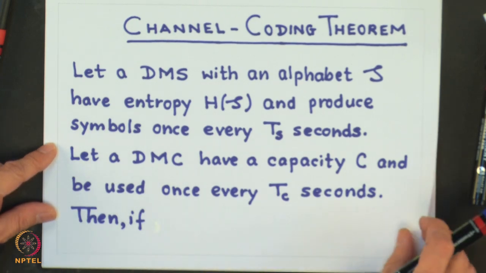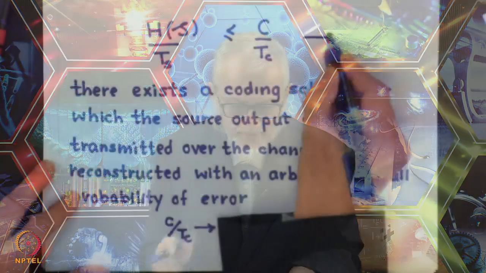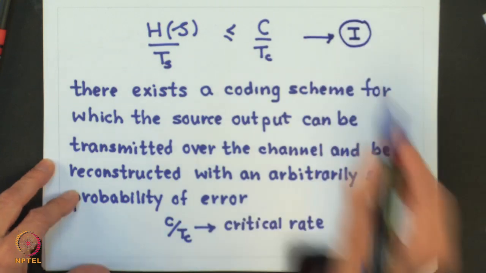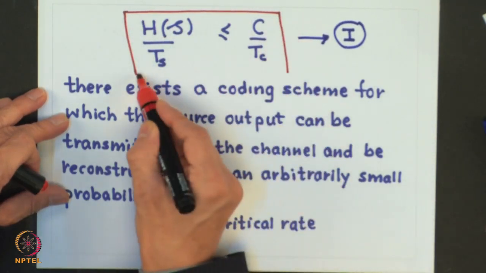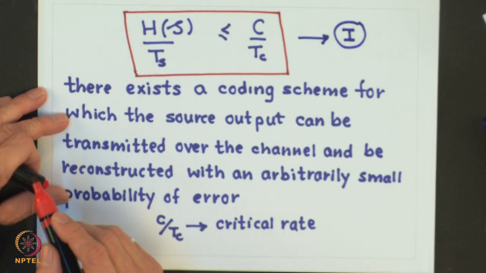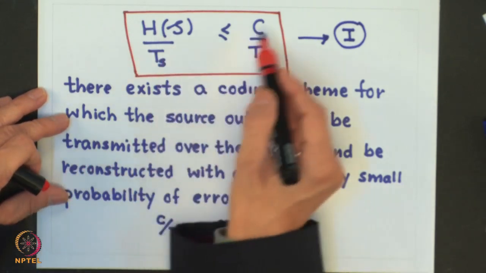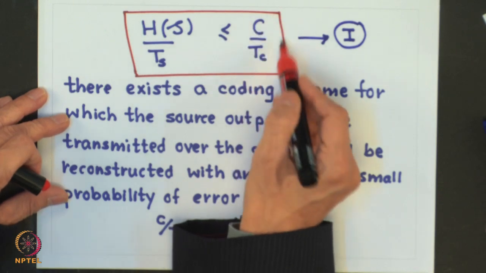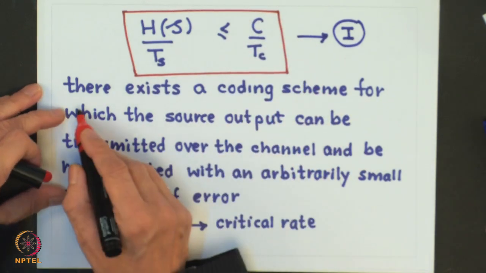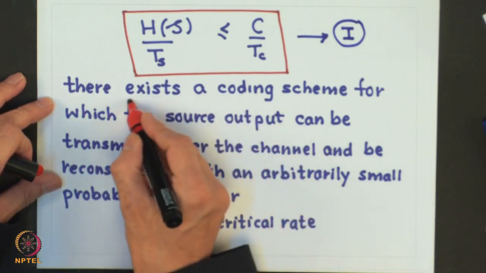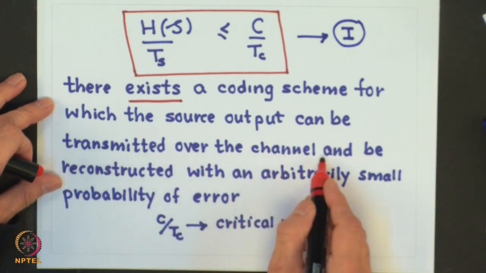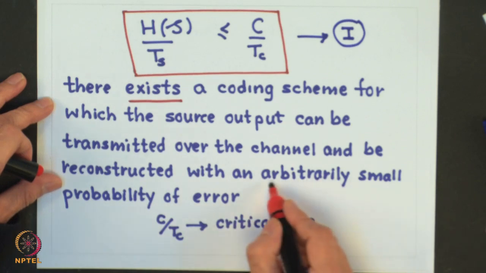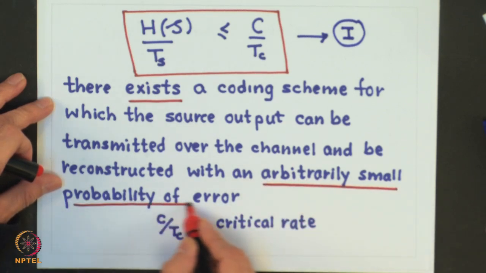Then the first part of the theorem says that if this condition is satisfied, that is, if the information rate given by the left hand side of this inequality is lower than the capacity of the channel specified in bits per second, then there exists a coding scheme for which the source output can be transmitted over the channel and be reconstructed with an arbitrarily small probability of error.